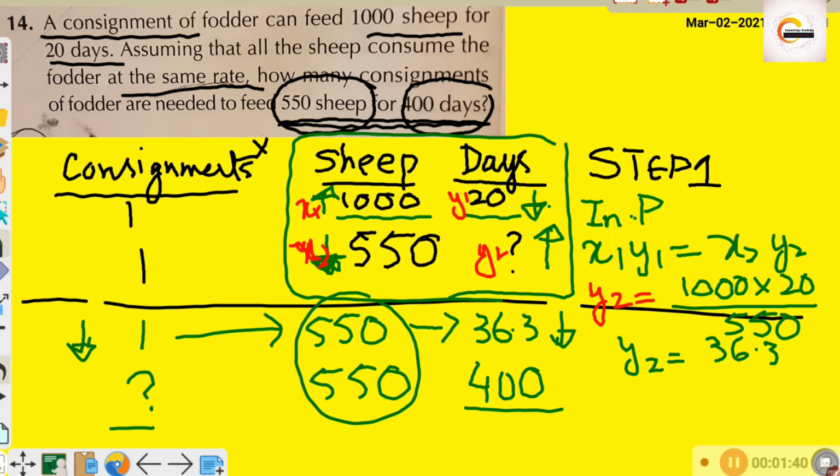And if there will be more days, we will require more number of consignments. So what relationship is this?